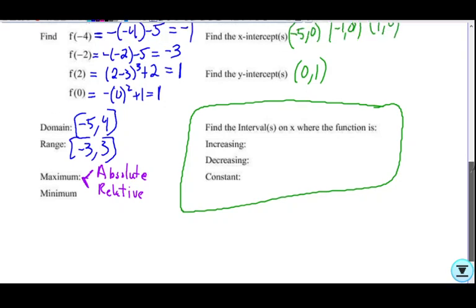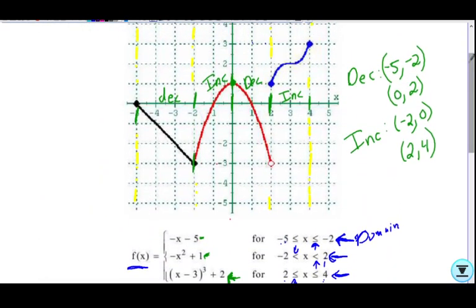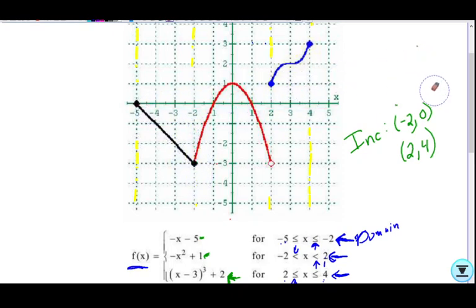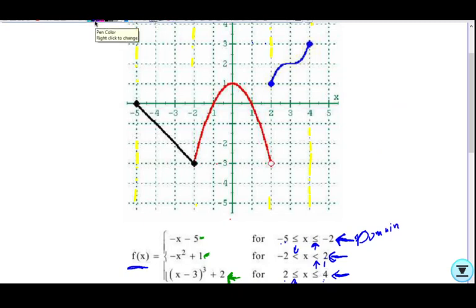So for instance, if I go up to my graph, and I'll get rid of all this increasing, decreasing stuff real quick. Will you agree with me, this point right here is a maximum. It's a maximum for my quadratic, right? But is it the absolute maximum?